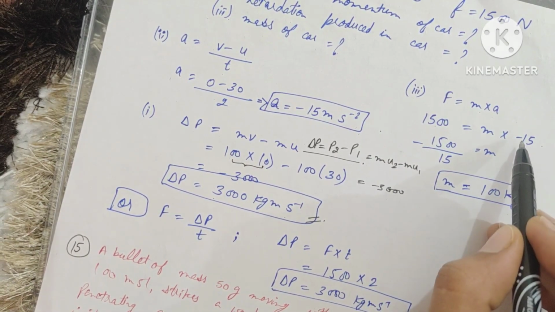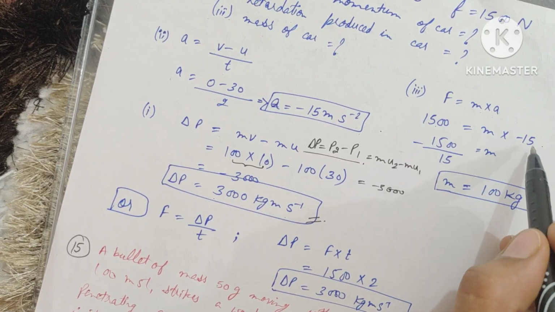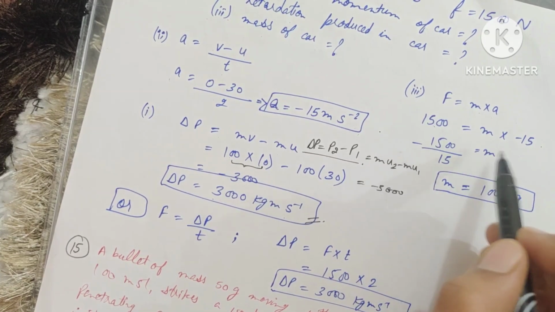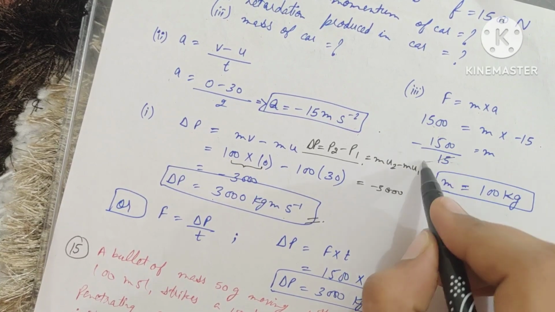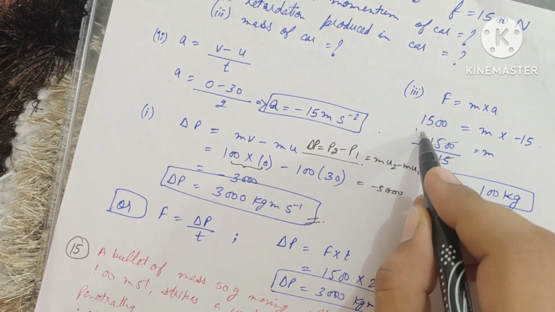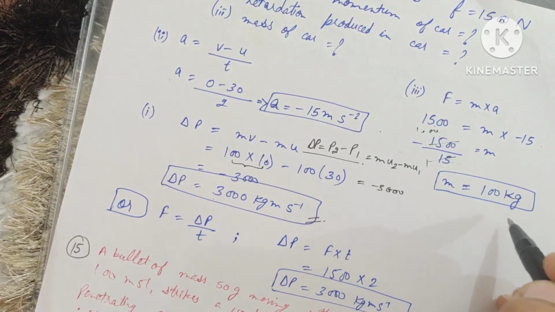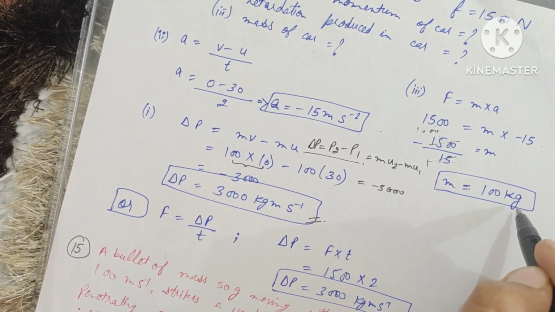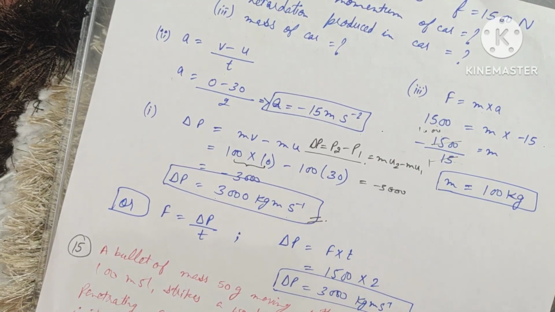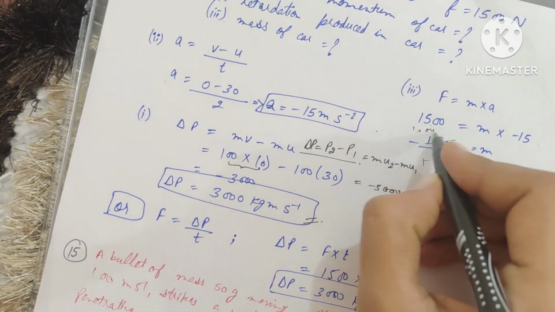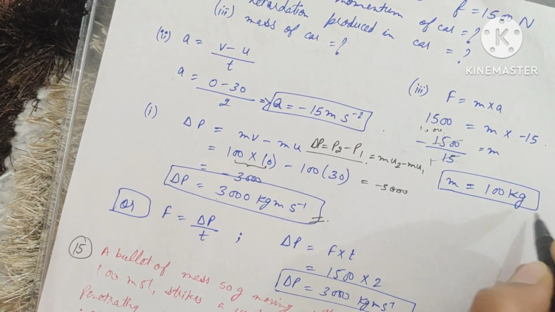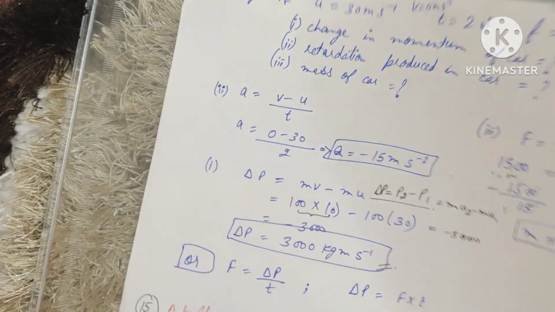Rearrange them. Minus 15 is multiplied with the m. It will go to the division when we shift it to the other side of the equals sign. Now do the cutting portion. 15 ones are 15, 15 tens are 150, and 2 zeros other also will come. It is 100 kilogram. That's it.